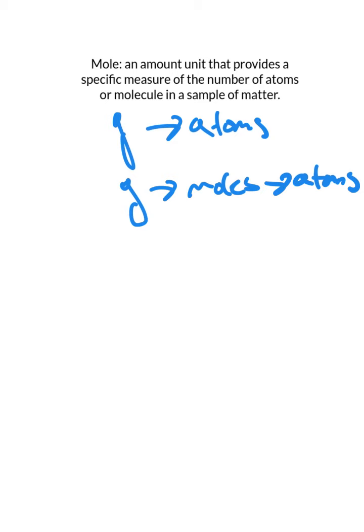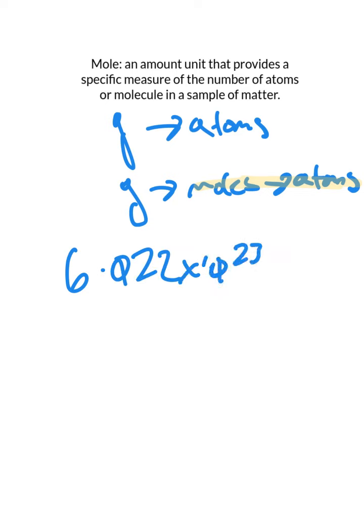How does the mole relate to the atom? Any 1 mole of a substance is equal to 6.022 times 10 to the 23rd atoms or molecules. What is important to note is that 1 mole of any element, any substance actually, contains the same number of atoms as 1 mole of any other element or substance.